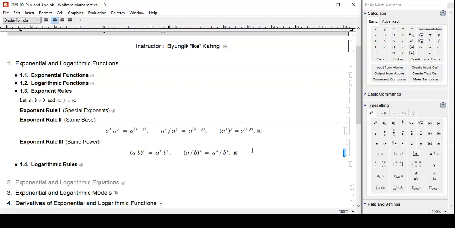Different bases with the same power, we distribute those powers. And different powers with the same bases, multiplication becomes addition, division becomes subtraction, and repeated power of power becomes multiplying the powers.